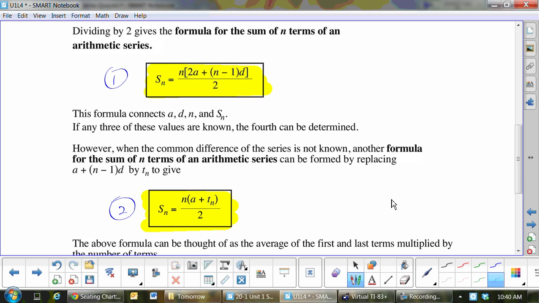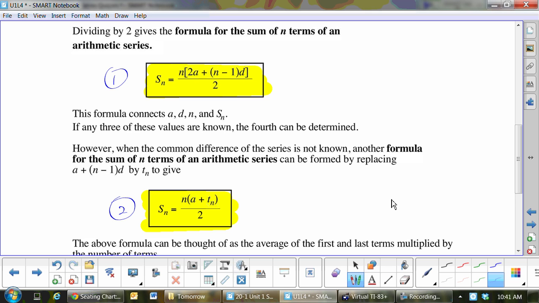Now, can anybody tell me what is different about the two? In other words, what do I need if I'm going to use formula 1, and what do I need if I'm using formula 2? Or to make it even simpler, what is asked for in one but not used in the other? Yes? Okay.